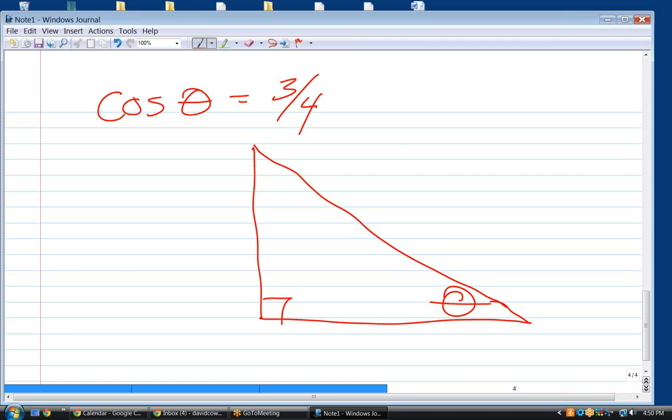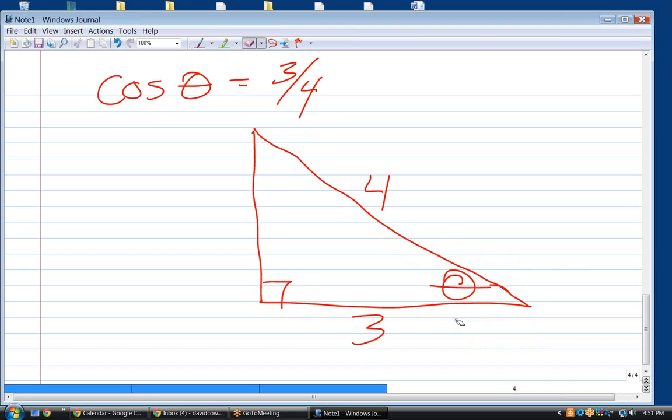You can label the hypotenuse and then the adjacent side to theta. That's 3. When you talk adjacent in trig, you mean the adjacent side that is not the hypotenuse, because theta has 2 adjacent sides. They're always talking about the one that is not the hypotenuse.